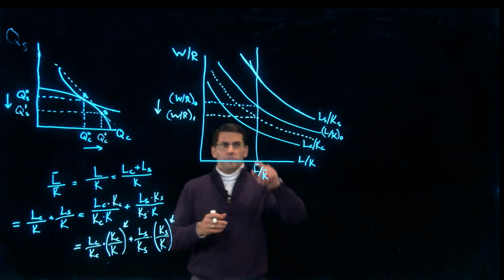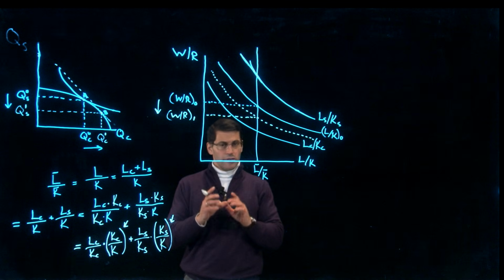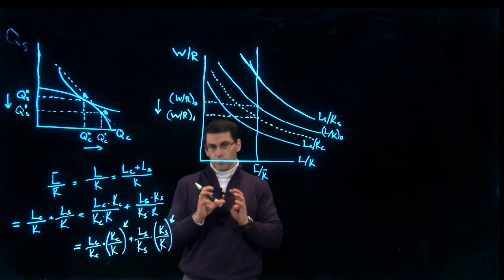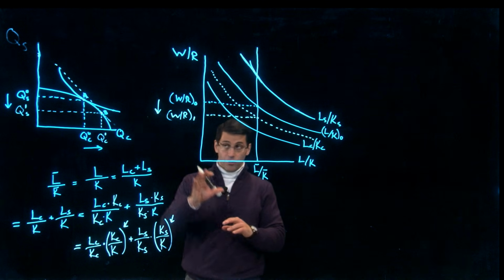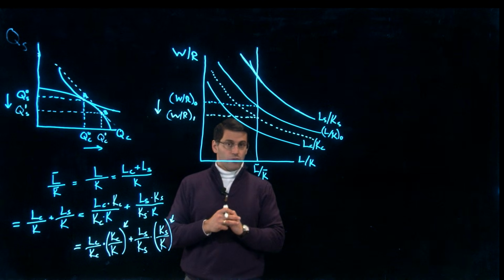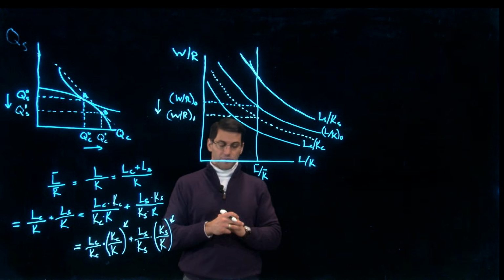So now that the wage to rental rate has gone down, what is that going to mean for relative employment of labor within each sector? This is the key step in understanding what happens to the wage and rental rate in absolute terms, not just the wage to rental rate ratio. Now, let's focus on the computer sector first.